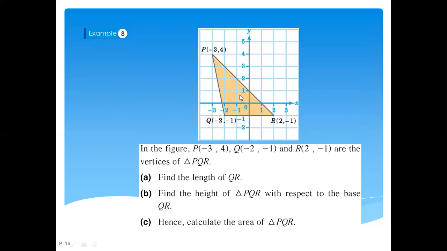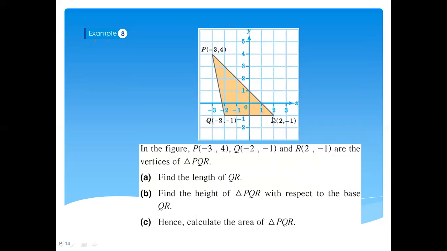Okay, let's try question 8. In this figure, you can see a triangle PQR. And the question asks you to find how long QR is. Of course, you can count the squares and find this is 4 units long, or -2 by -2. So you find the length. And part B, find the height of this triangle with respect to the base QR.